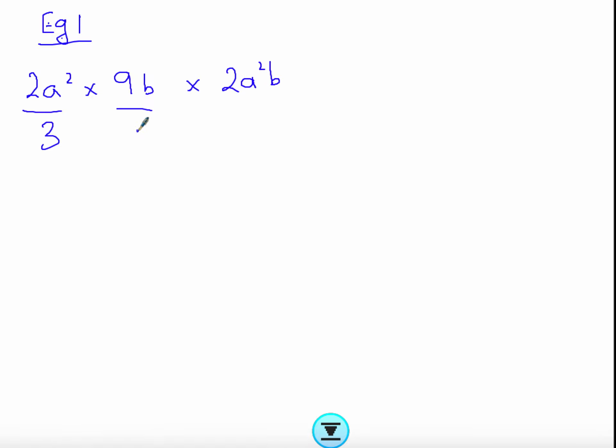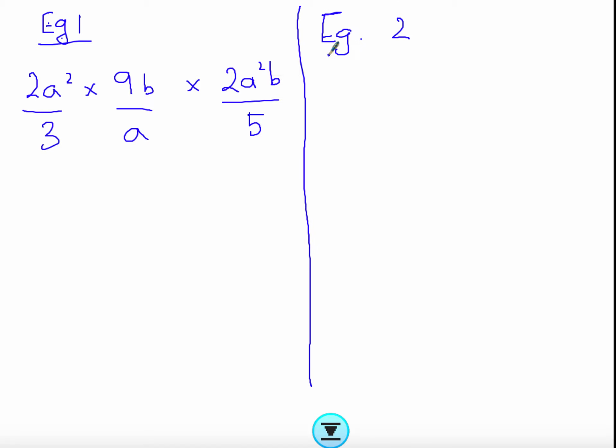This is over 3, this is over a, and this is over 5. So you can try this out. And then the other example would be something on division. So you can try them out and then watch how I do it.